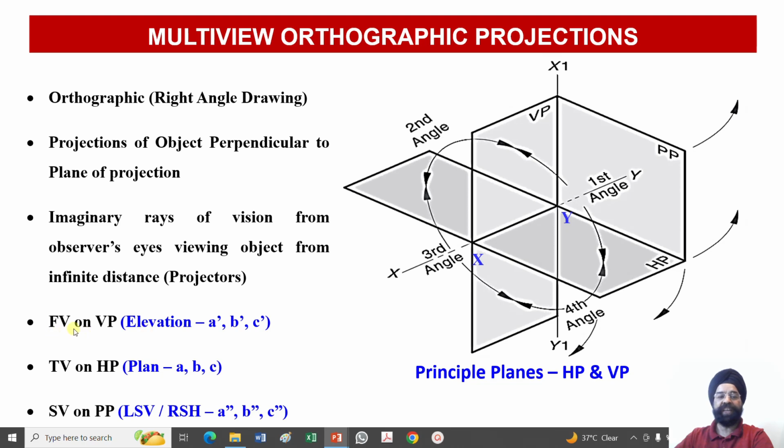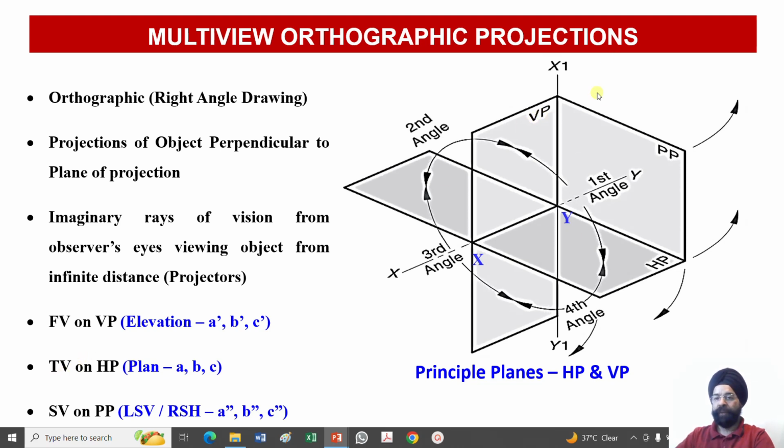So elevation and front view are synonymous terms, and these refer to the views or the image of the object which is obtained on the vertical plane, and the representation of these object points will be a dash, b dash and c dash. So if in any technical drawing we provide you with an object view where a dash, b dash, c dash, d dash is written, you need to understand that it represents the front view or the elevation of the object, and this view has been obtained on the vertical plane.